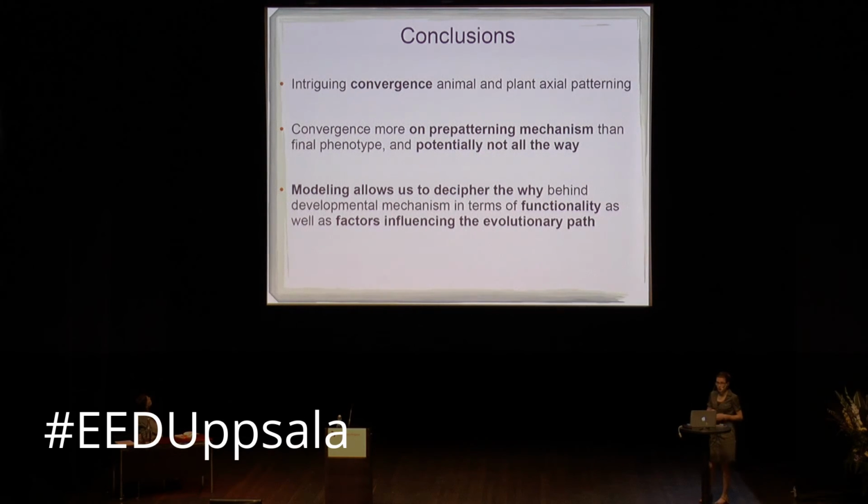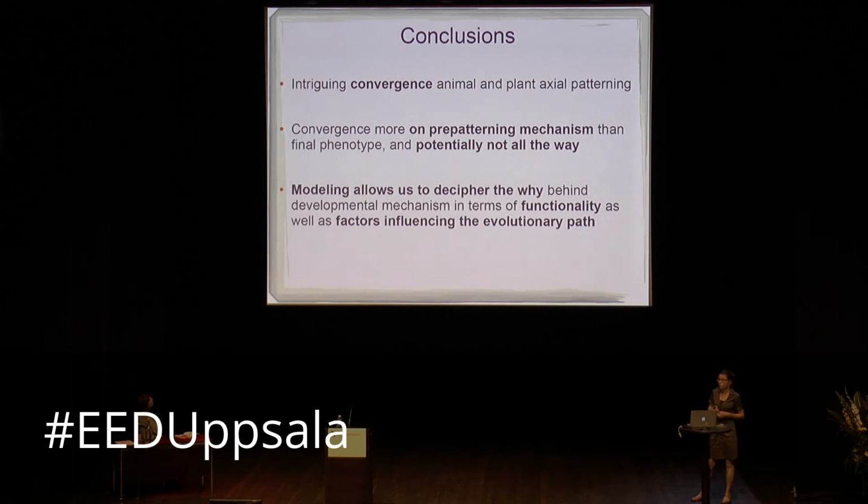So in conclusion, I hope that, like me, you find these very intriguing convergences between animal and plant patterning that are deserving more attention. And that it's interesting to think about things as convergence and parallelism, not just in terms of the eventual outcome, but also in terms of the dynamics of the pre-patterning mechanisms, even if they don't extend all the way down to all the details.